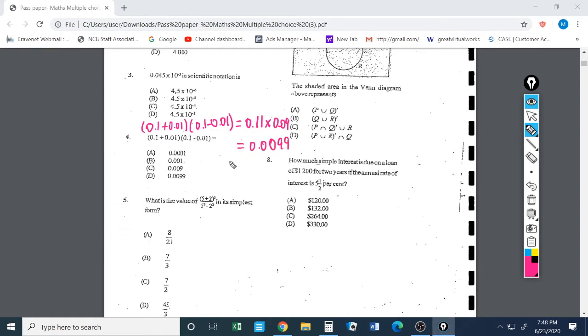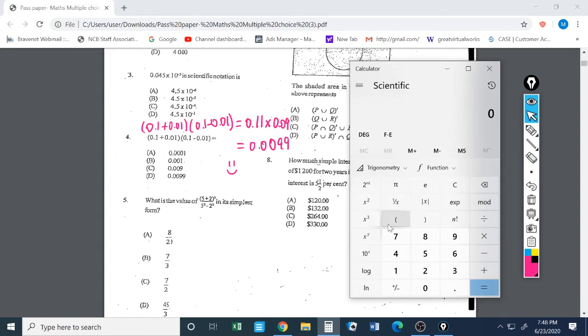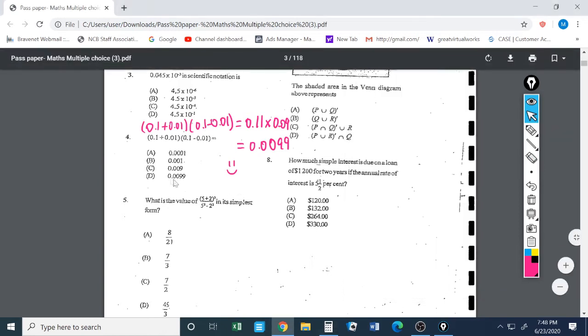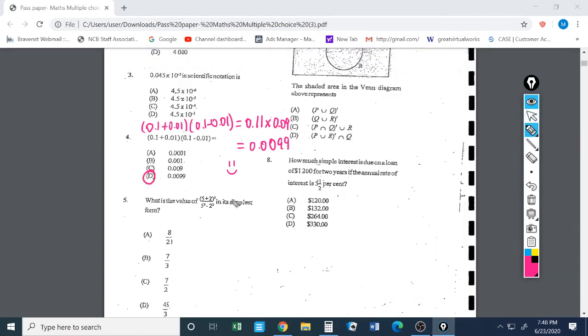That should be our answer, guys. Let's put it in the calculator and see if that's correct. In our calculators, we get 0.11 multiplied by 0.09, and that's the answer. The answer is D, which is 0.0099. Awesome. Let's move on.